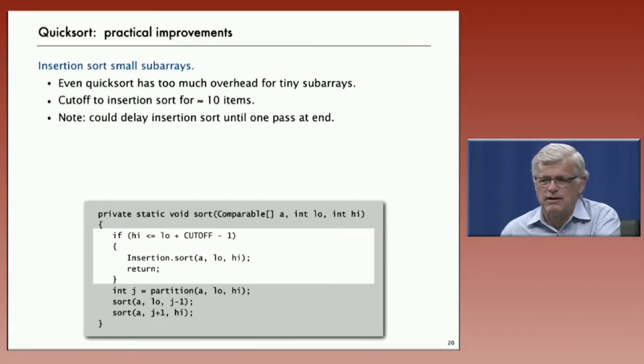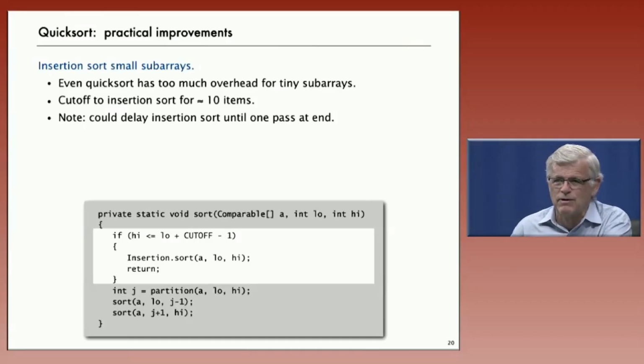So what about in practice? This is our fastest sorting algorithm, and there's a few ways to make it even faster. We looked at some similar things with merge sort, and it's definitely worthwhile implementing for QuickSort. First thing is small subarrays. Even QuickSort has more overhead than you want for a tiny array like one of size 2 or 3 or 4.